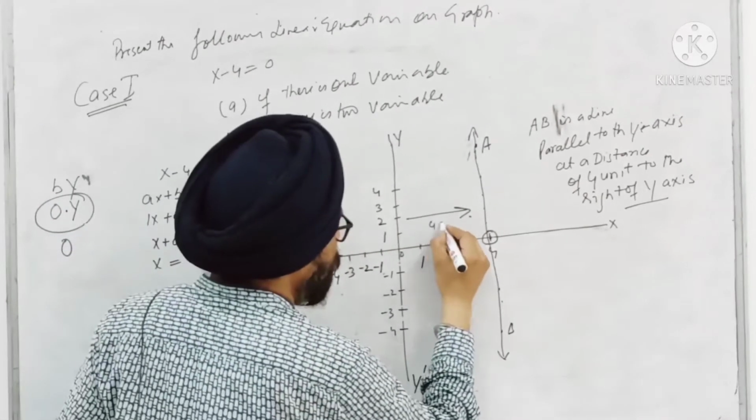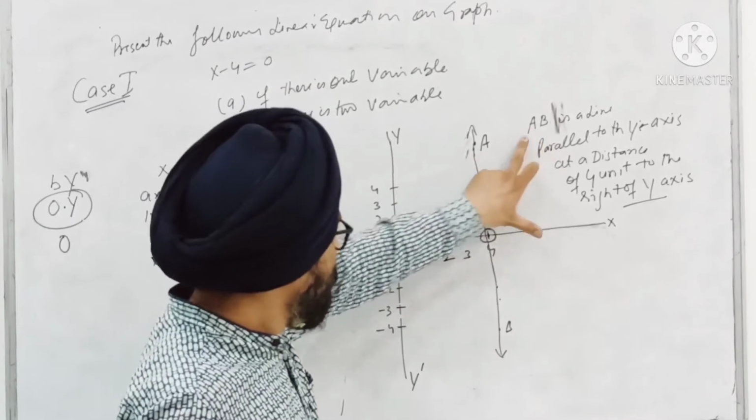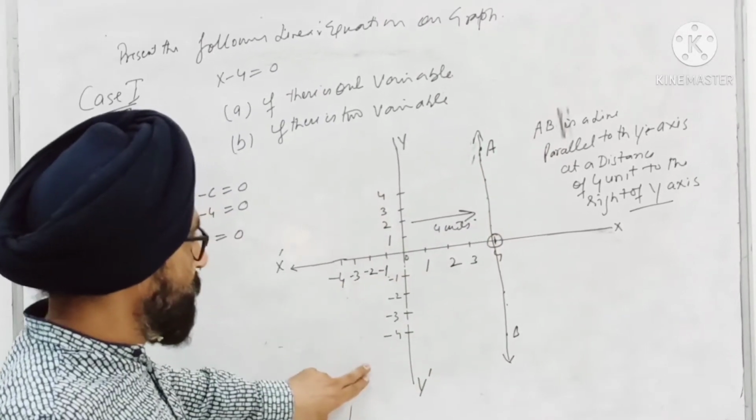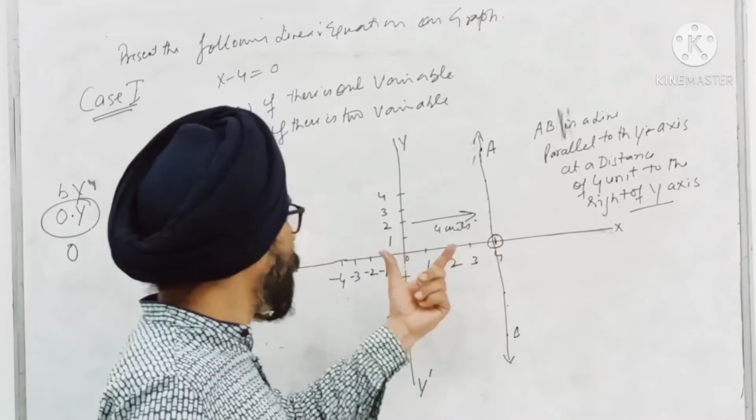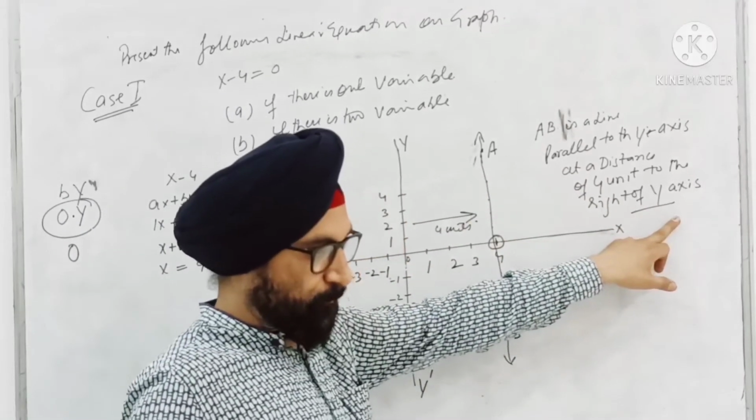This distance is 4 units. So AB is a line parallel to the y-axis at a distance of 4 units to the right of y-axis.